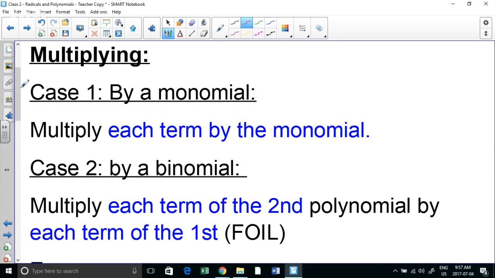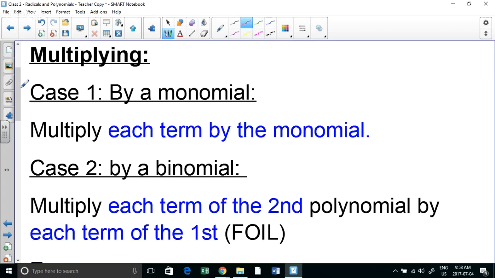We'll now quickly zip through multiplying. Okay, so when we're multiplying, there are two different cases.